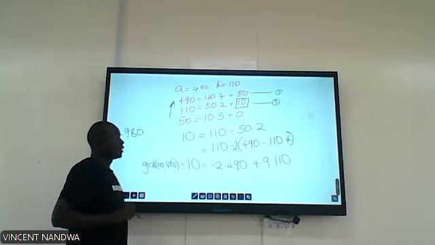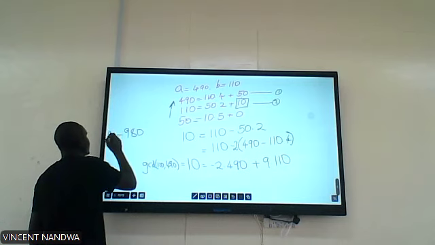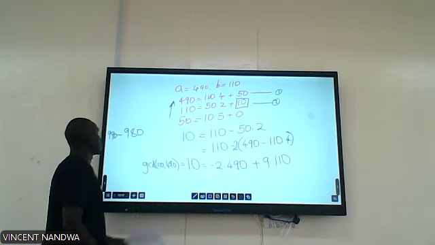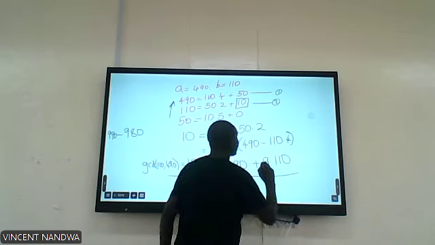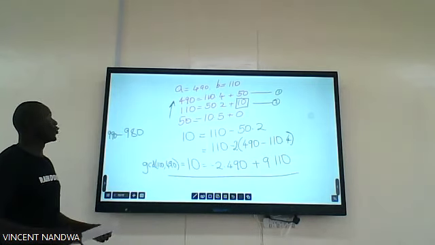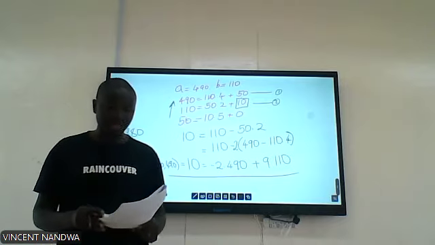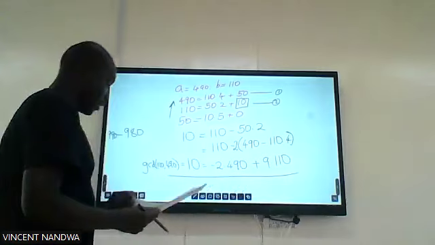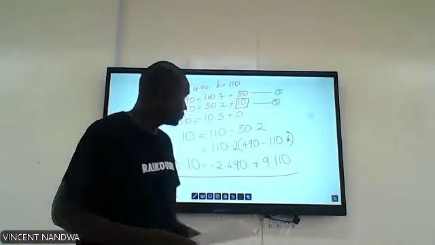And then 9 times 110 is 990. You clearly see that you get 10. So this is the solution. Like the previous question, you can also express the same in terms of the GCD.